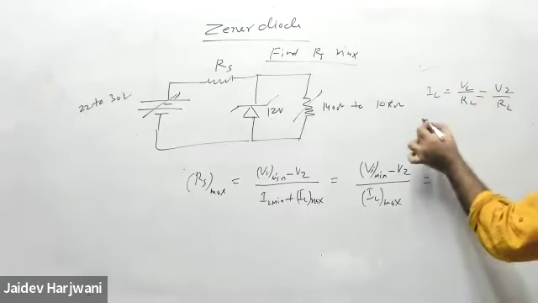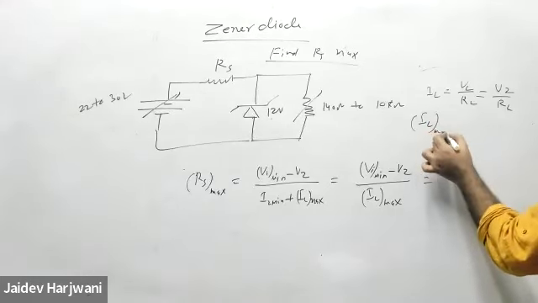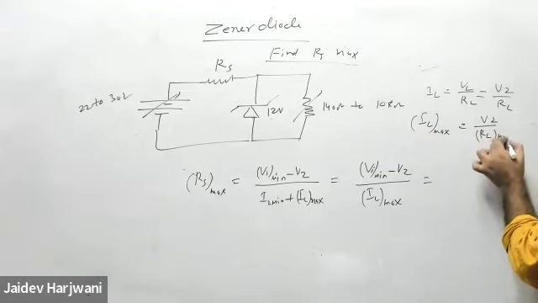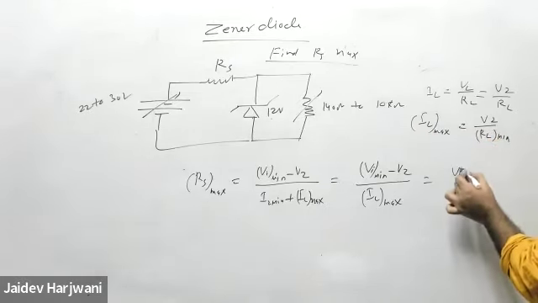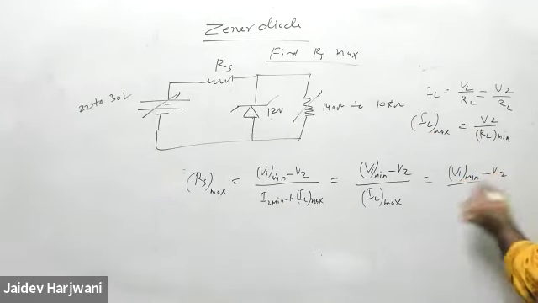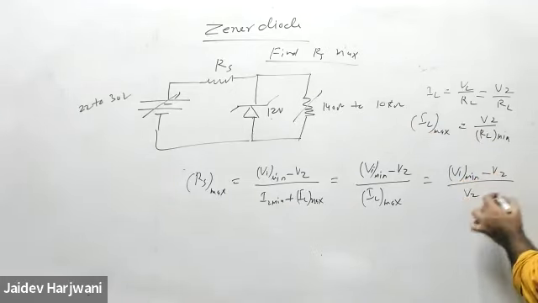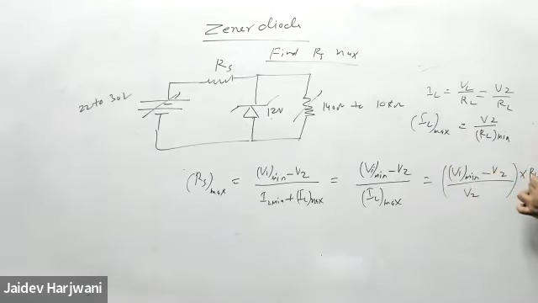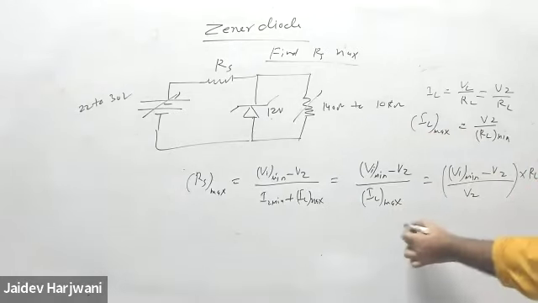If you want IL max, that will be VZ upon RL minimum. Okay, so VI minimum minus VZ, and it's the VZ into RL minimum.